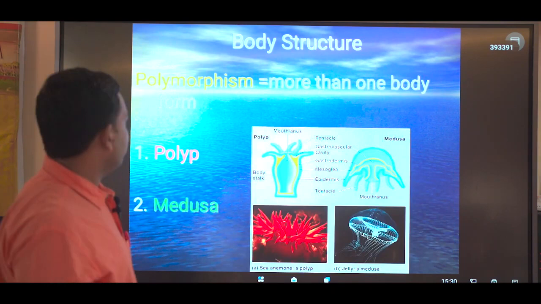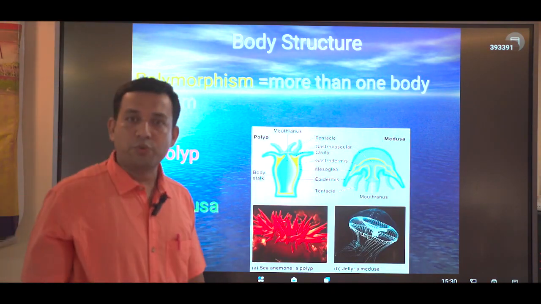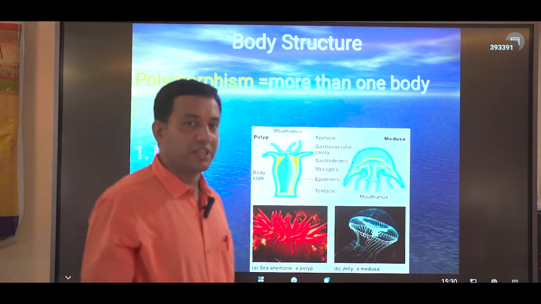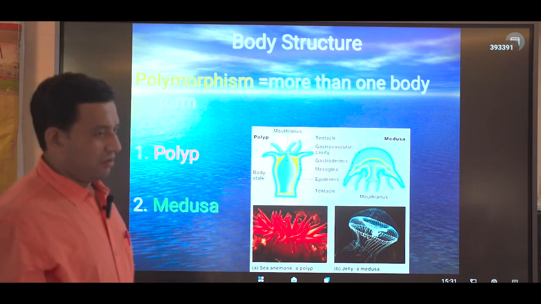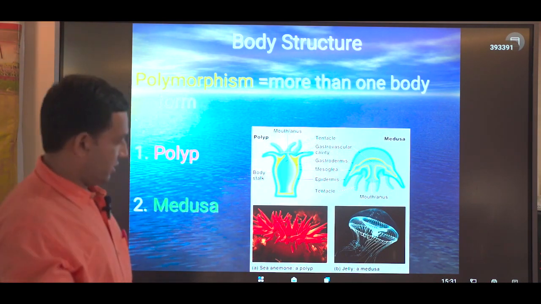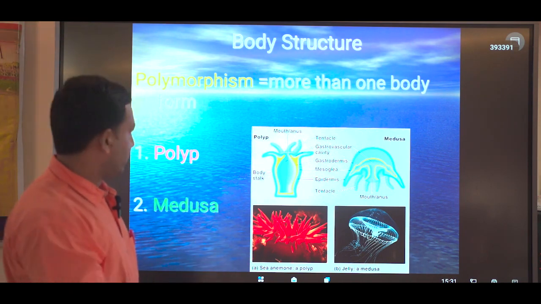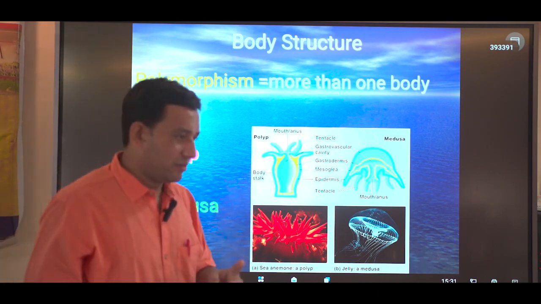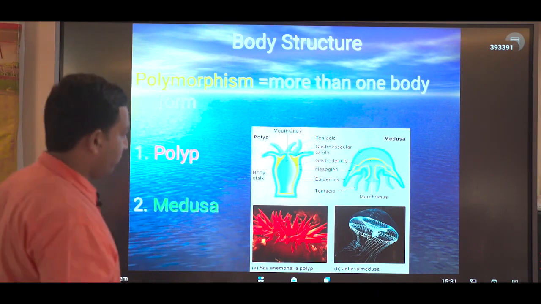If you see the body structure, it shows polymorphism, that is more than two morphs or shapes in the structure. They are polymorphic, and we will see later on the distinguishing features of each morph. Here we will just see the two zooids, polyps and medusa.